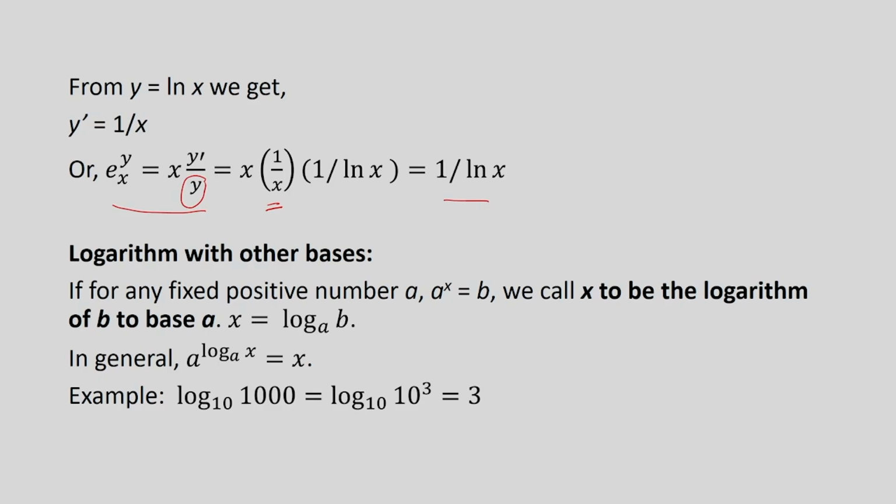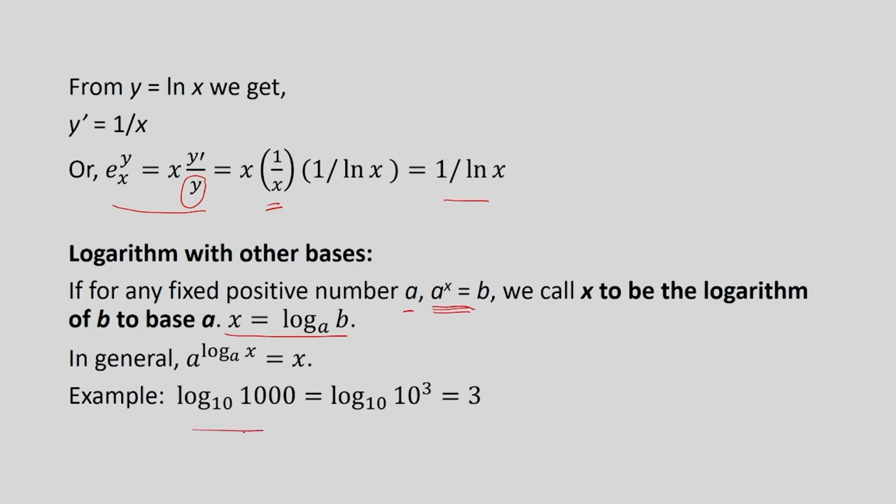For any given fixed positive number a, if I have a to the power x is equal to b, we call x the logarithm of b to base a. So, write x is equal to log of b base a. And therefore, I can substitute this back here. So, a to the power log of x base a is equal to x.